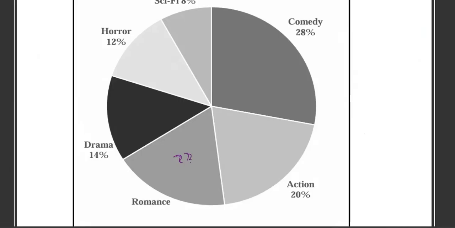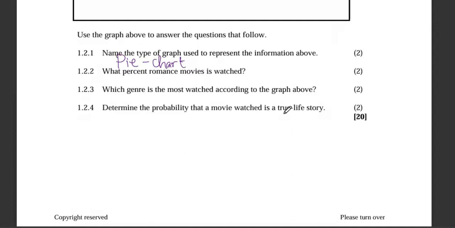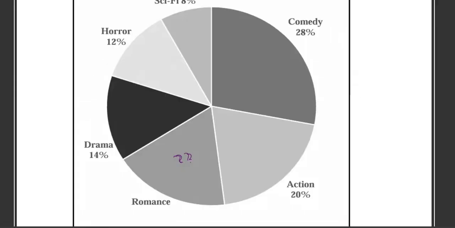So I'm going to add up these percentages: 8 plus 28 plus 20 plus nothing plus the 14 plus the 12 should equal 100 because they're percentages.